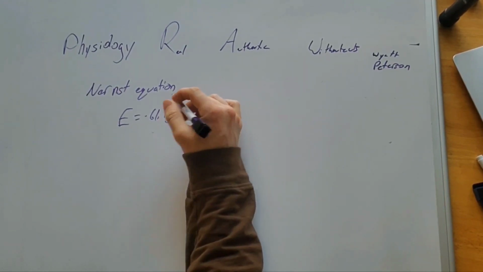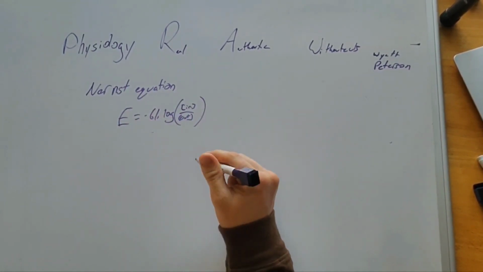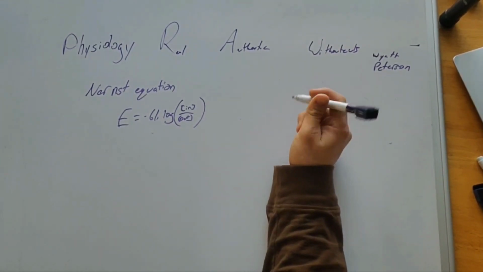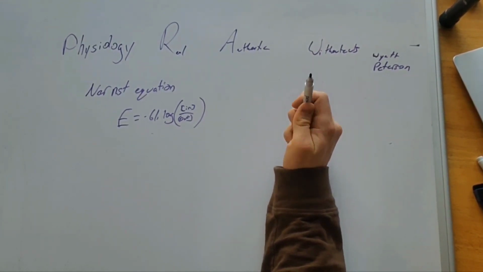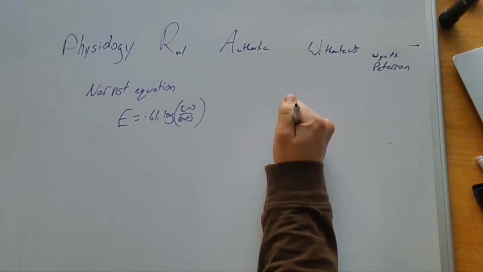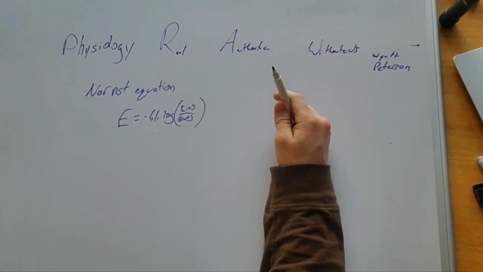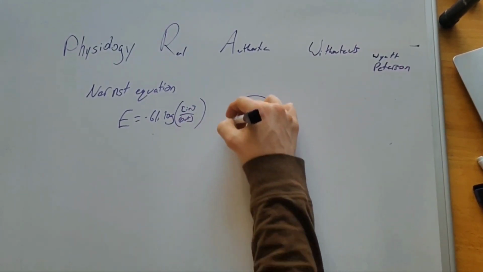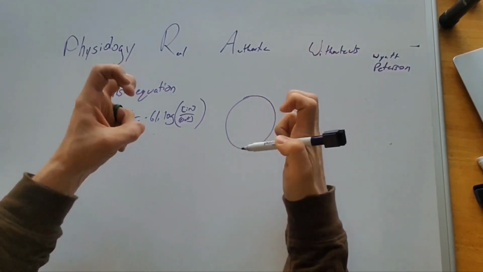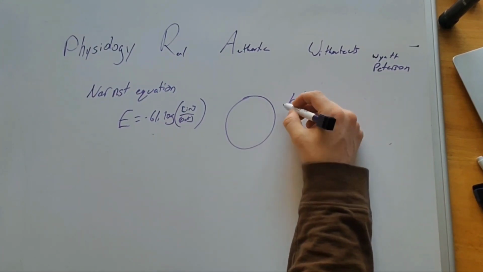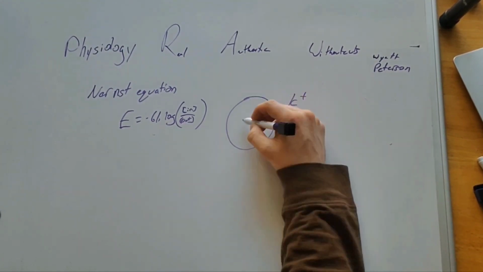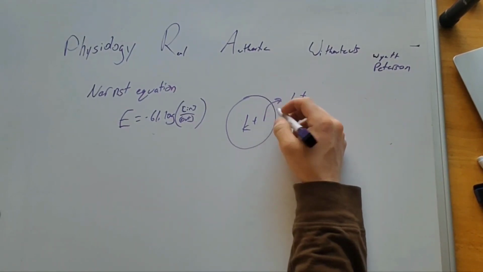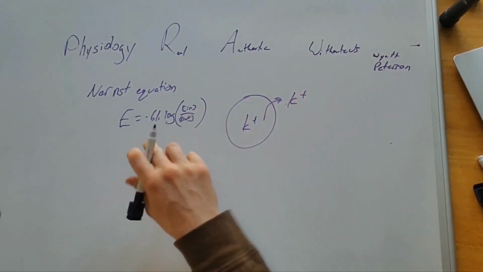The Nernst equation will give us a number to describe the chemical gradient. It describes how badly an ion wants to either leave or get into the cell across a membrane. So that will give us a number.